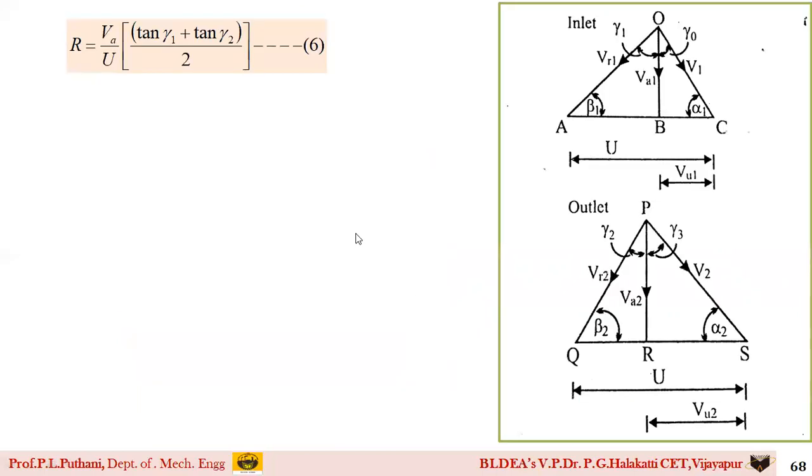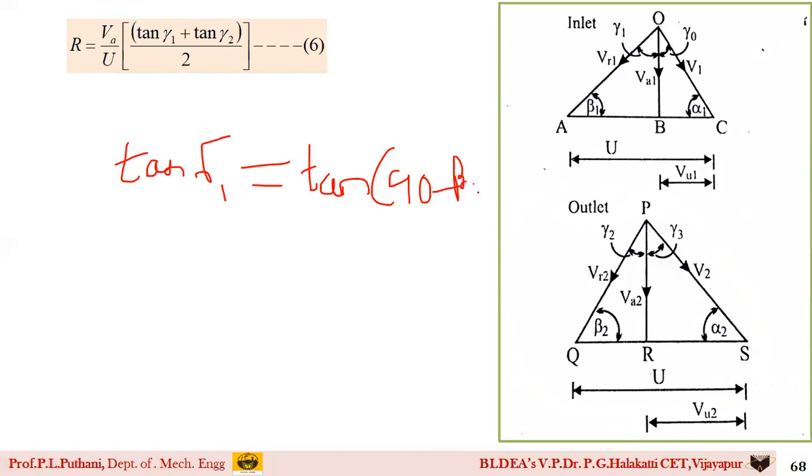So in terms of blade angles beta 1 and beta 2, the tan gamma 1 which we did in the energy transfer equation, the same thing. Tan gamma 1, how can I write? I can write this as tan of (90 minus beta 1). So 90 degree minus beta 1, I get the third angle, which becomes cot of beta 1.